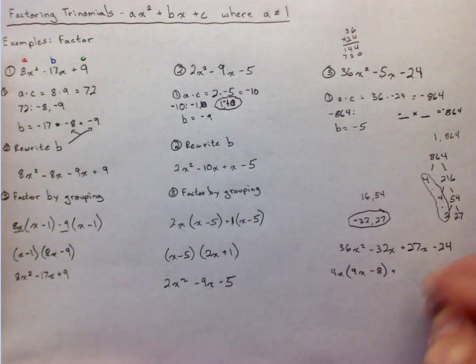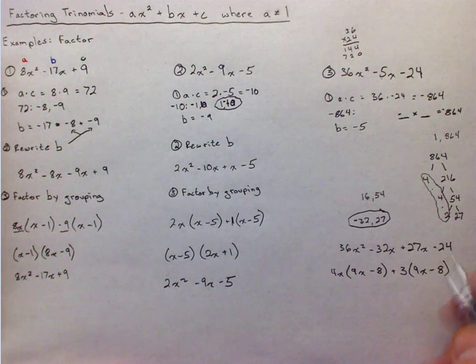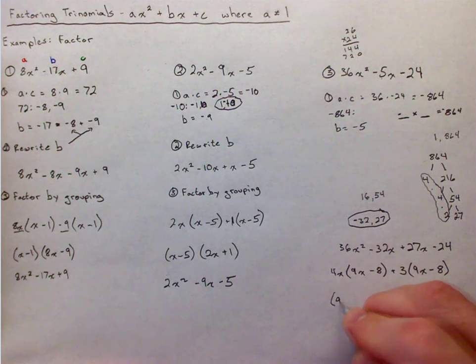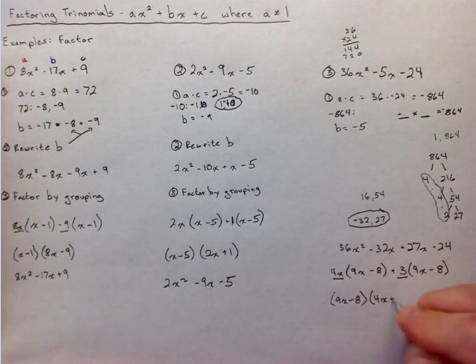And here I can pull out a 3, so that'll leave me with 9x minus 8. And really, this is the main thing. If you've done your math right and you end up with both of these, you're pretty solid. So I'll factor out my 9x minus 8, leaving my 4x plus 3. So 4x plus 3.